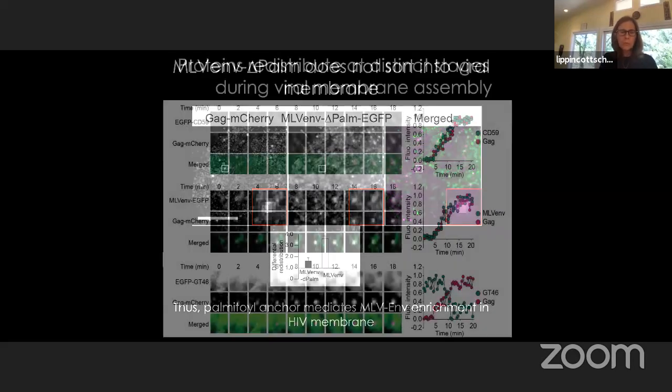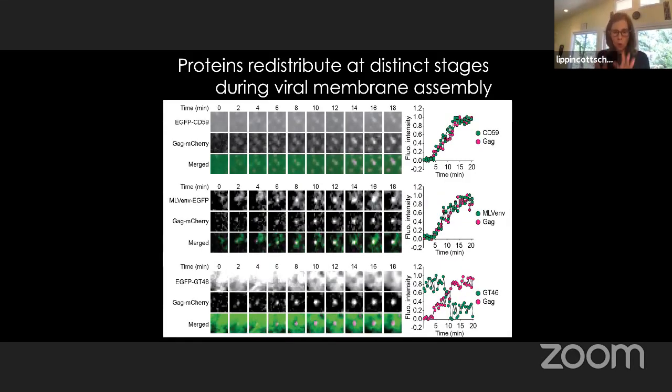Now, we've done a lot of work looking at a bunch of different proteins and how they sort. They all seem to follow this basic concept: if a protein prefers being in a liquid order domain, it ultimately is going to get into that viral particle, and if a protein doesn't want to be in a liquid order domain, it will be excluded from the particle.